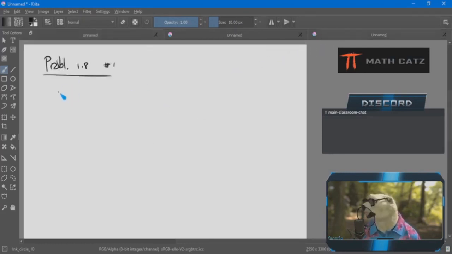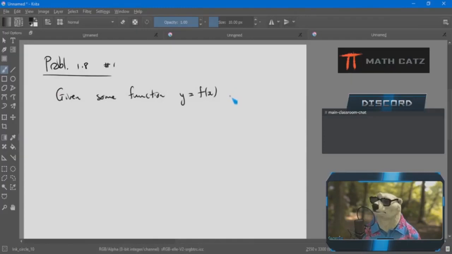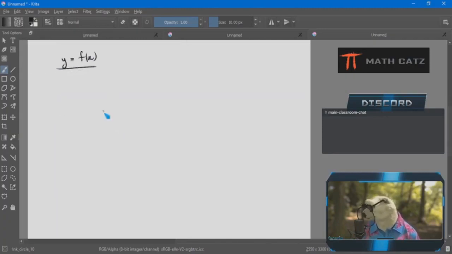So now I have some function. I don't even know what the function is. Given some function, I can't graph it. I don't know what it is. They only tell me that there's a point 2, -3 on the graph. So point 2, -3. So if I want, I could visualize this over here. I don't know exactly the specifics of the function, but I can sort of visualize it.